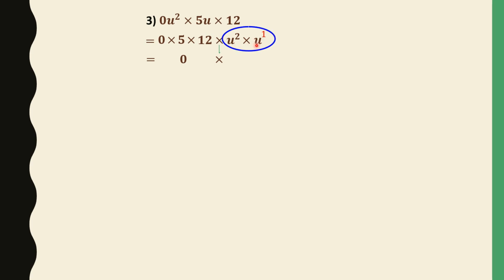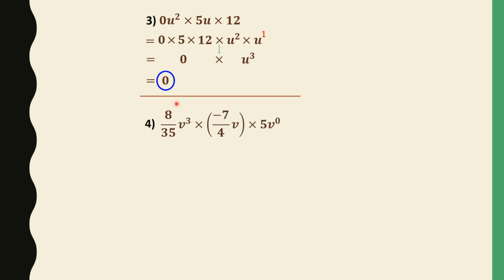And u squared times u exponent 1, we add the exponent of the same variables. We obtain u cubed. In the end, 0 times anything, 0 times any variable times any number, it's always 0. So 0 times u cubed, it's equal to 0, and this is the final answer.